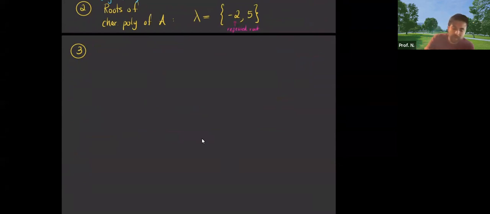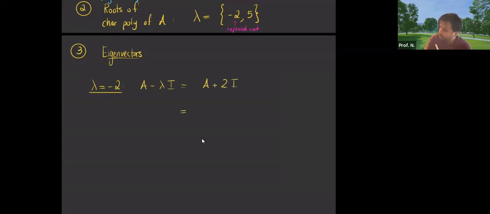Okay, so for example, I want to find now the eigenvectors. And of course, I get eigenvectors based upon the eigenvalues. So if I plug in -2 into A minus lambda I, what do I get? I get A plus 2I. So what was A?